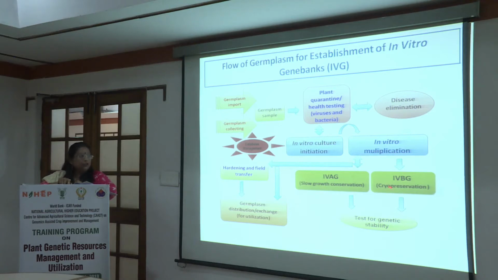And the in vitro base gene bank involves use of explants from the tissue culture to transfer to cryopreservation. All these processes also convert into hardening and field transfer, and later for distribution and utilization, either through exchange or other means.